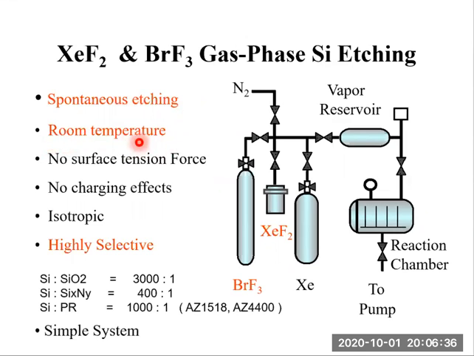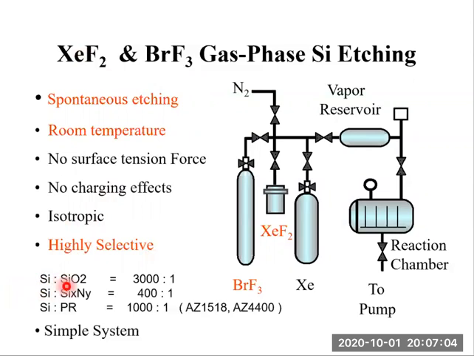We do not need to increase temperature. There is no surface tension force, because it is dry etching. There is no charging effect, because there is no plasma, and it's isotropic. Xenon difluoride and bromine trifluoride etching is isotropic, and it's highly selective.